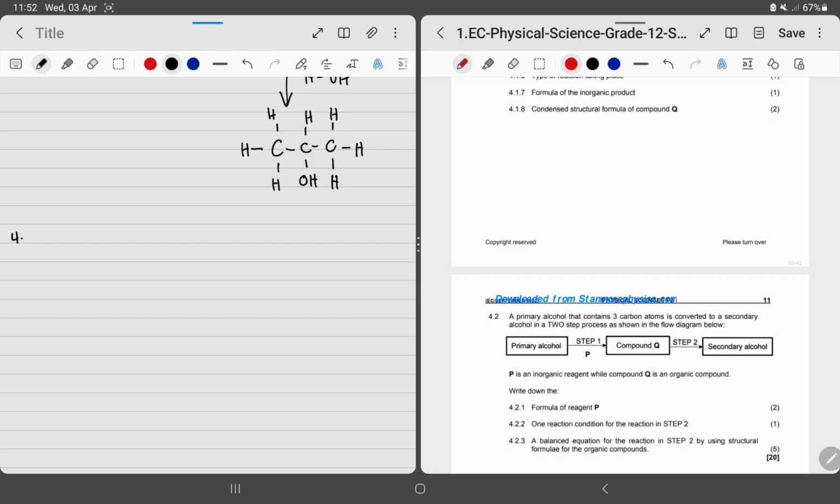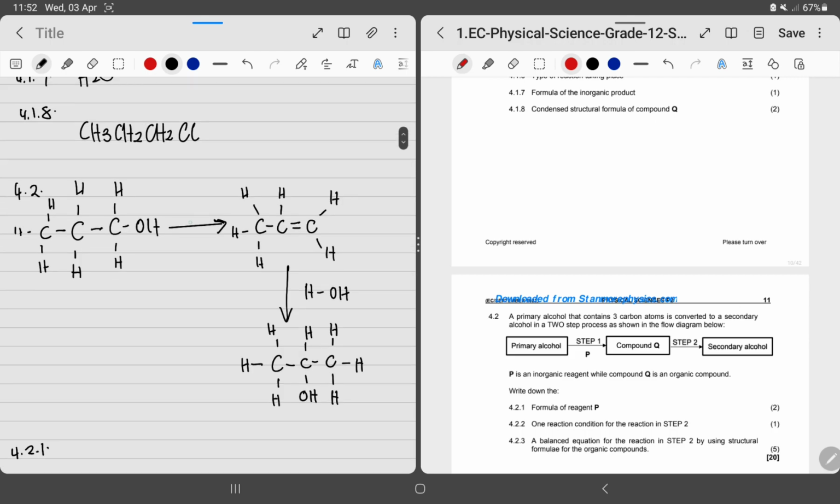4.2.1. The formula of reagent P. So what were we doing here? You can see that we moved from an alcohol to produce an alkene. So we were removing water because now we no longer have an OH and no longer have a hydrogen. So we removed water.